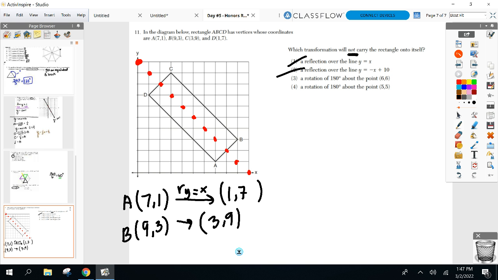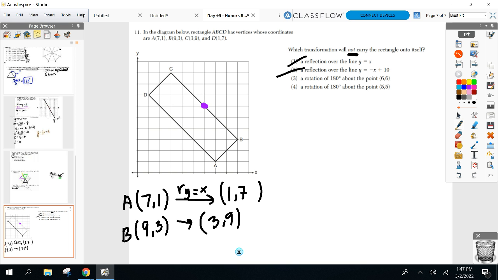All right, so it's got to be one of these rotations now. What about a rotation of 180 around 6,6? Find 6,6 for me. 1, 2, 3, 4, 5, 6. 1, 2, 3, 4, 5, 6.